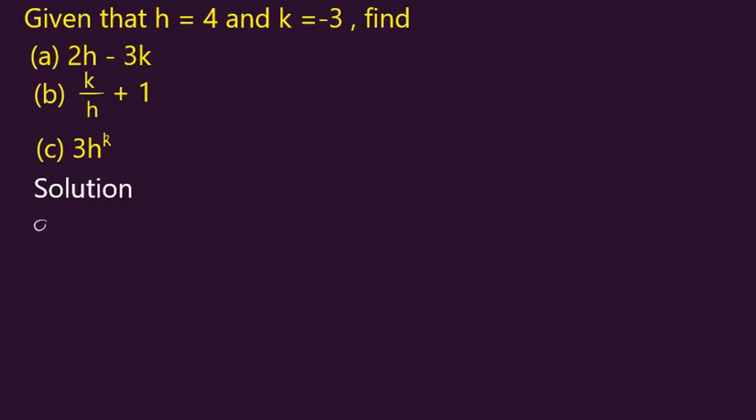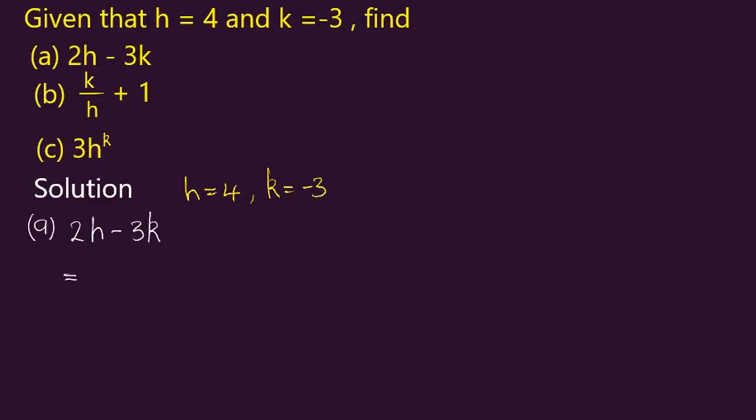On part A we want 2h minus 3k. We've been told in the question that h is equal to 4 and k is equal to -3. So we are substituting those values.